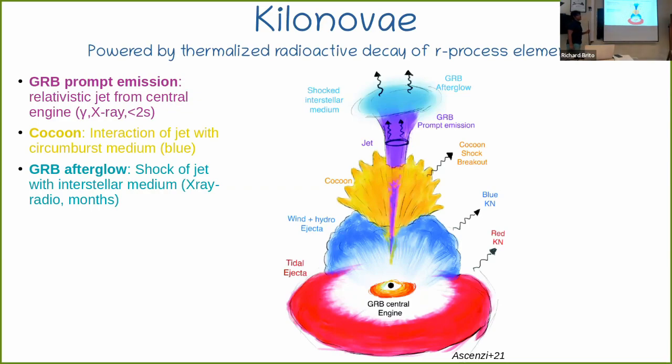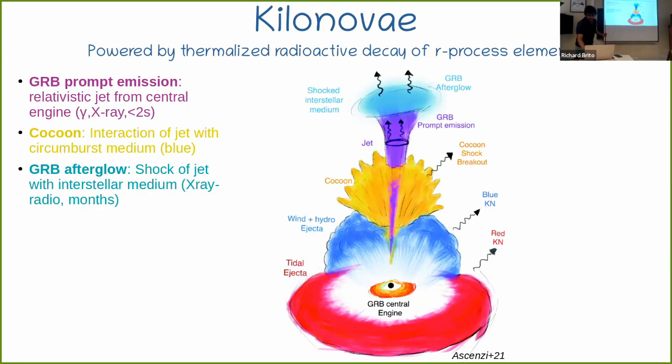It suggests that it's probably coming from the accretion disk around the black hole or from a very massive magnetar, perhaps. And so that's the GRB, the first thing you're going to see. And then later on, you're going to develop the kilonova. You can also have a GRB afterglow, which can last many days and weeks, which is the interaction of the gamma rays with the interstellar material.